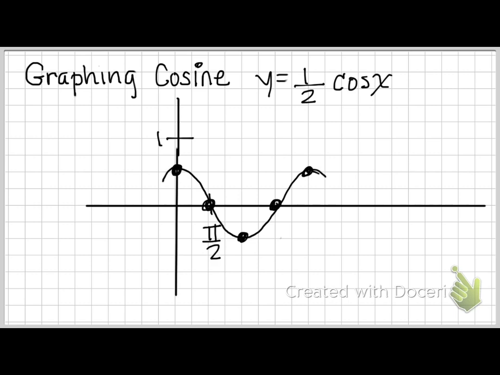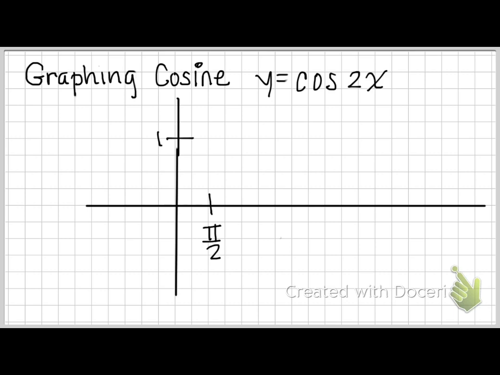So that's simple enough. Then we get into the more challenging variation, which you should have seen with sine, which is if I have a coefficient on the x. So let's say that I have, how about a 2? Cosine 2x.